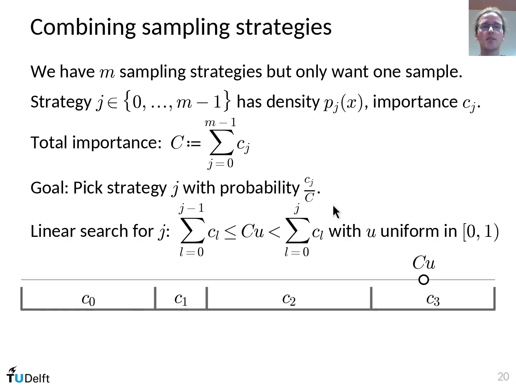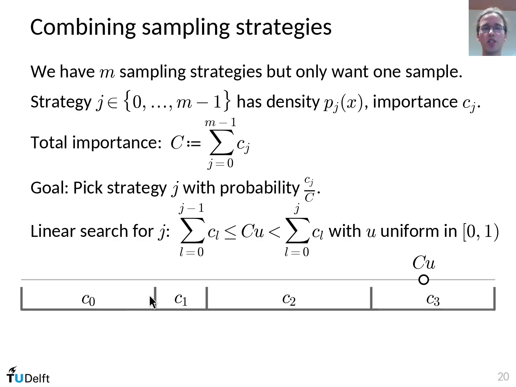And doing this is not too difficult. The way we do it is that we take one uniform random number, u, in the interval from 0 to 1, and then we multiply this by the total importance. So we get this point up here on this line from 0 to C. And then down here we have lined up all of our sampling strategies.